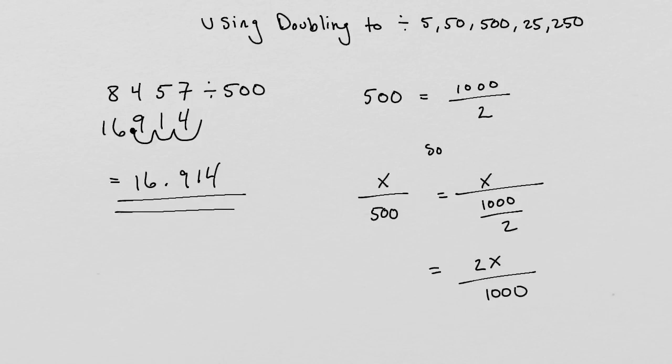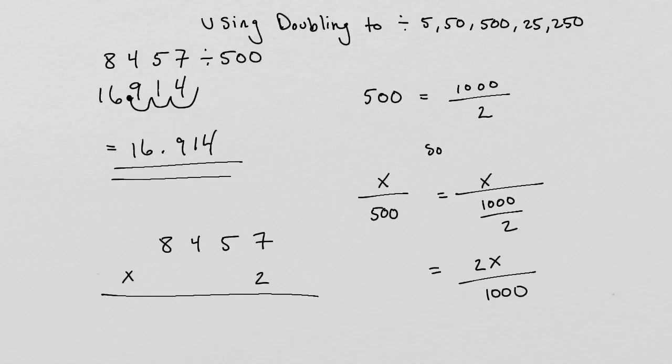Okay, let me show you guys again this doubling concept and what I'm talking about here. So if I have 8457 times 2, in the traditional Western style, you start at the right and go left.